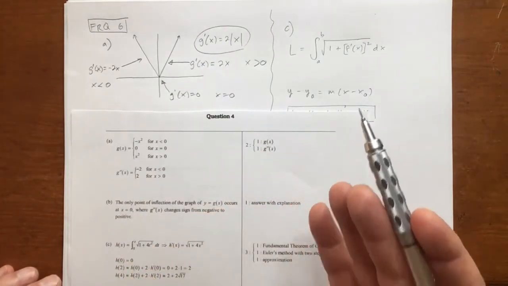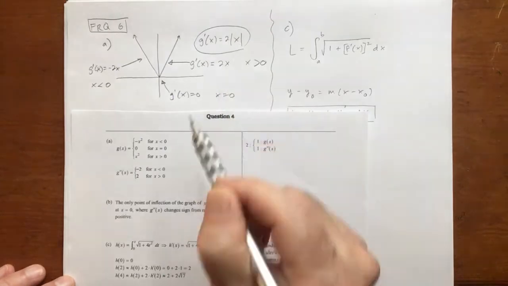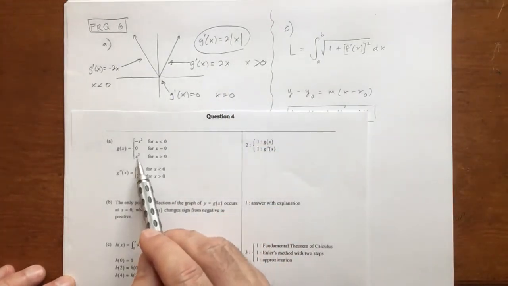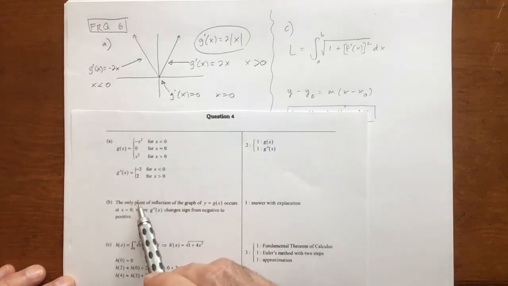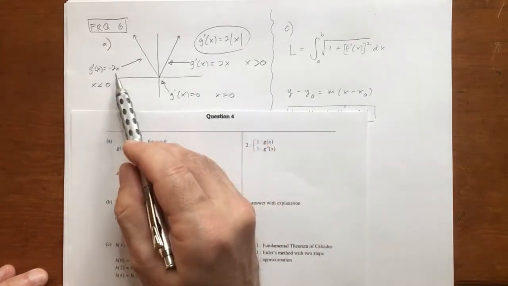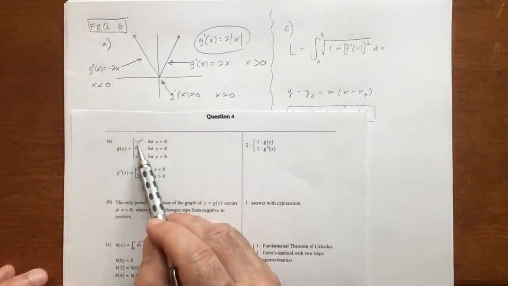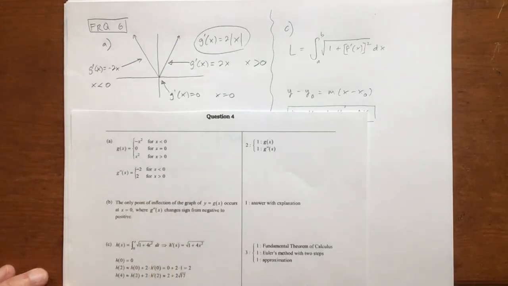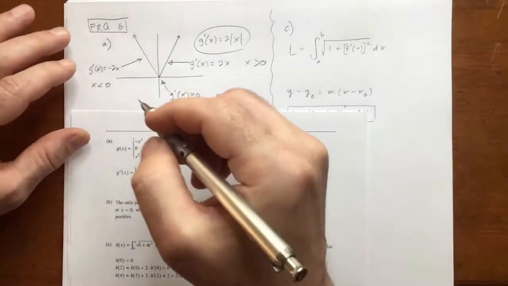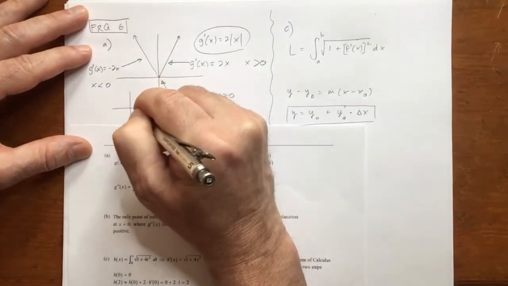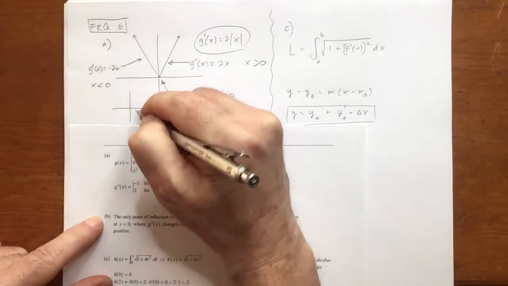Okay, so the antiderivative of 2x on the right is x squared, and the antiderivative of negative 2x on the left is negative x squared. Okay, and then if we were to graph the antiderivative, on the right it's x squared.